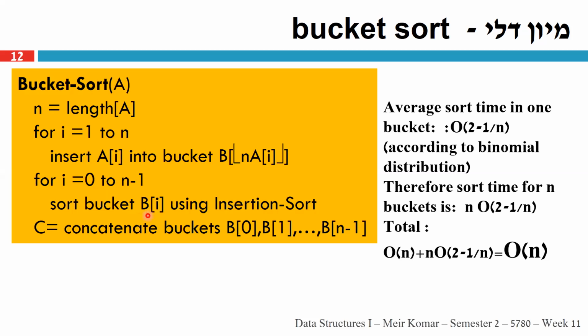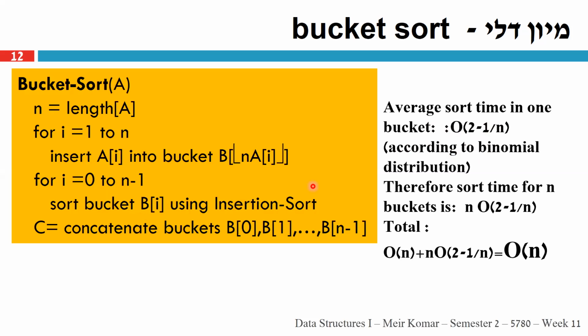Now, take a look at this. One bucket's going to cost me. Now, this is the mathematics that I didn't want to get into too much. Is, wow, this is not good. I want to make a correction in a minute. Is O of 2 minus 1 over n squared, 1 divided by n. Now, how did I get to this? The average sort time of all the lists. Of all these lists, what is the average sort time?